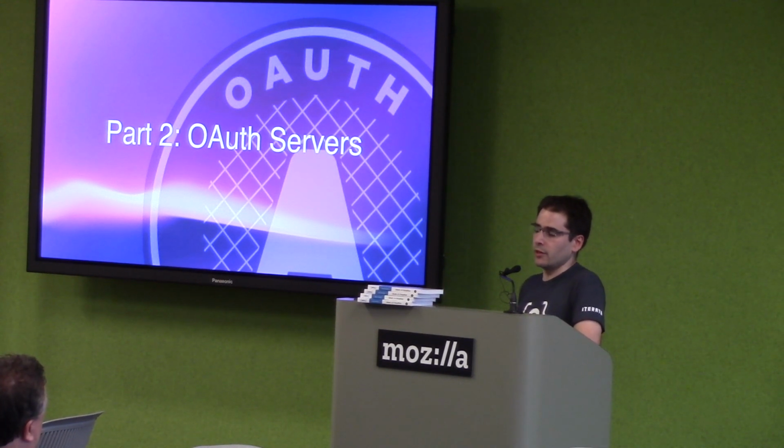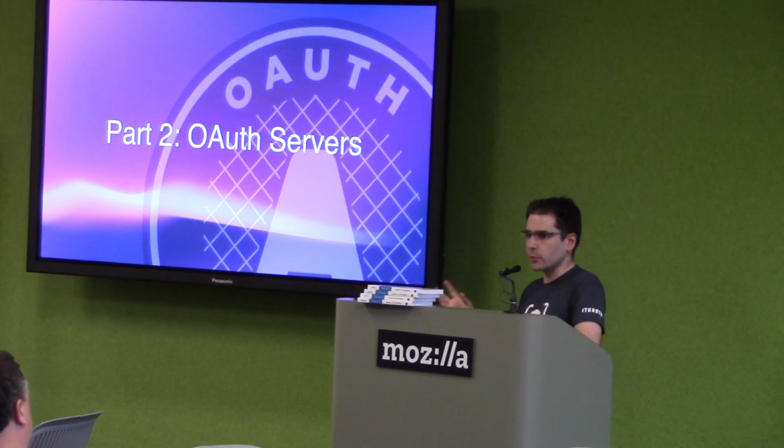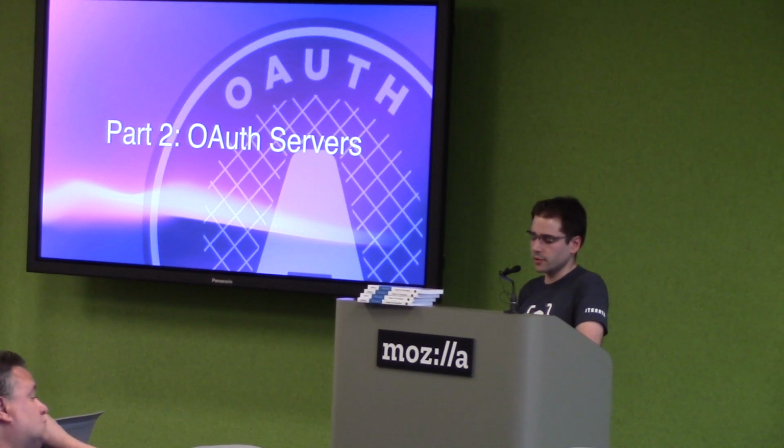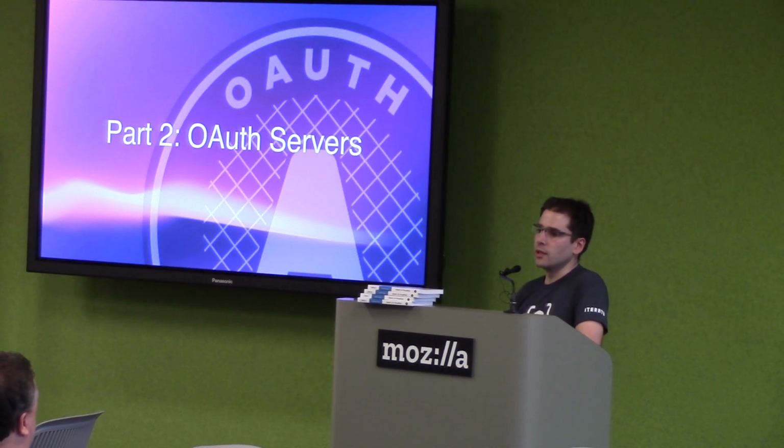If you are building an OAuth server, you have to make even more decisions about that. I'm going to talk about just a few of the high-level or user-visible decisions that you make as an OAuth server and things that you need to do if you are building out an OAuth server.